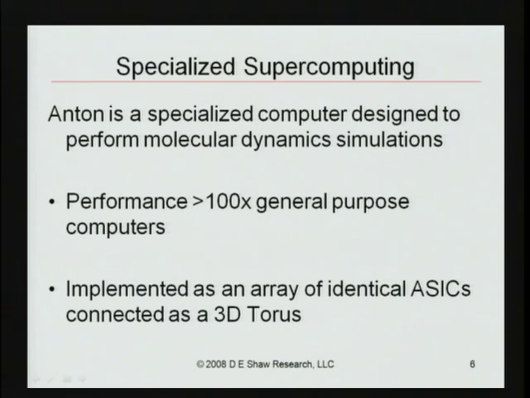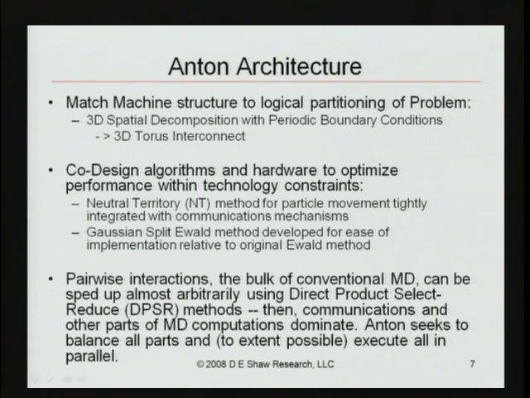And we set a goal to get performance greater than 100x what general purpose processors can get. And we studied the problem and determined the best approach was to build an array of identical ASICs that we connect in a 3D torus. And as I said, we had our multidisciplinary group, including chemists who actually design the algorithms that are used for the simulation.